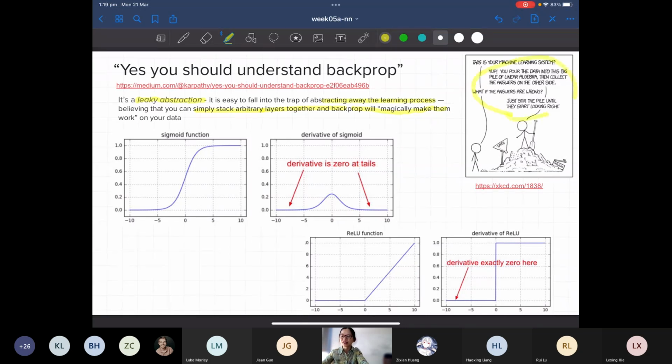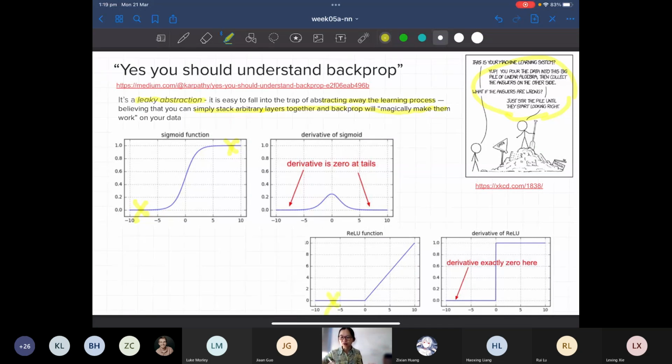A big pile of linear algebra and calculus, and behind that are these derivatives and activation functions. For example, for the sigmoid function, we do not want it to be here or here because the derivatives are 0. The term for this is that the neuron has saturated in either direction, and if the derivative is 0, it's not going to change because it's taking no steps in that direction.